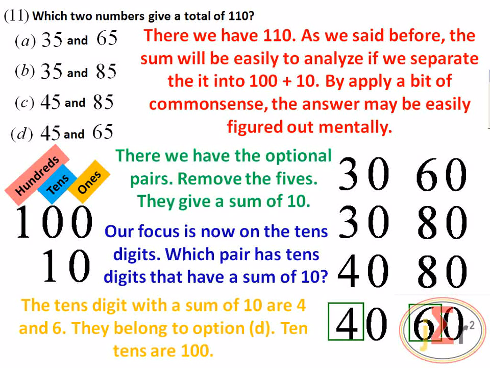They belong to option D. 10 tens are equal to 100. So these are the tens digits. If we add them and we get 10, that will make 100, which is what we want. And that will be our correct answer, which is option D.